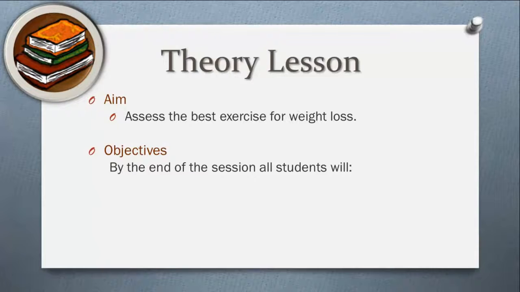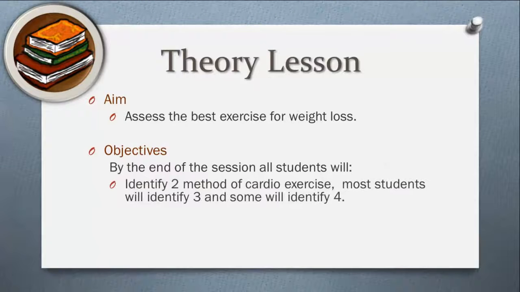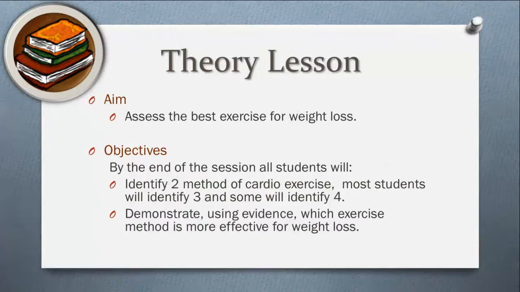Now our first objective is to get students to identify different cardio exercises. Can you see how we are asking some to do more than others? This is called differentiation. You'll be learning about this later in the course. Our next objective is to get them to decide which cardio exercise is better. You can see how we are gradually progressing towards the aim.